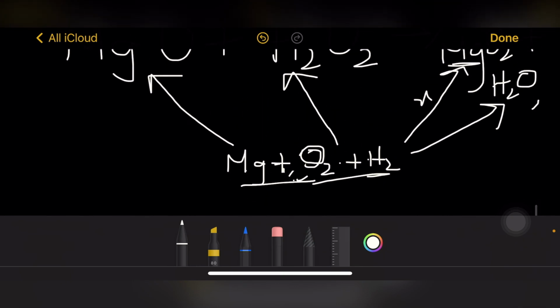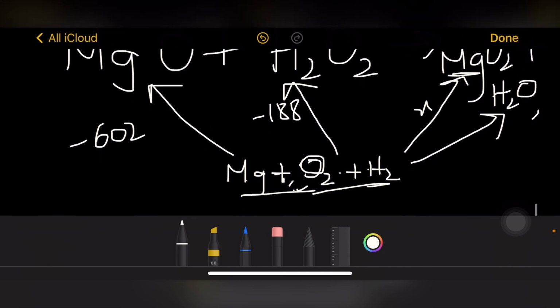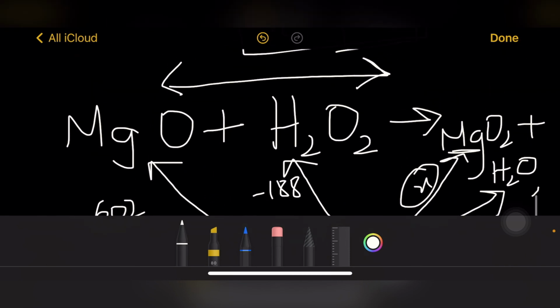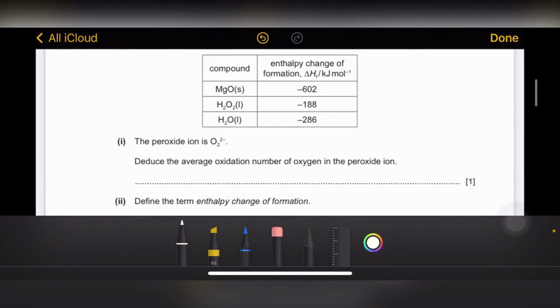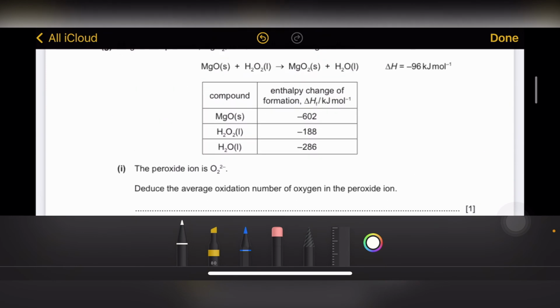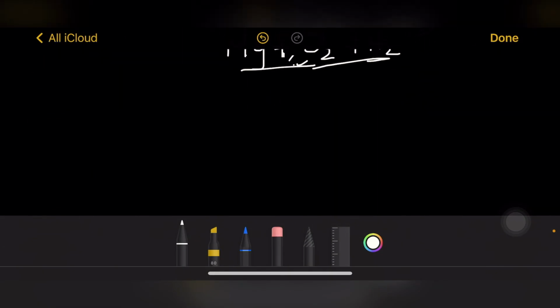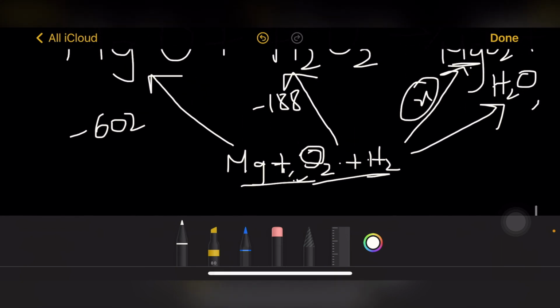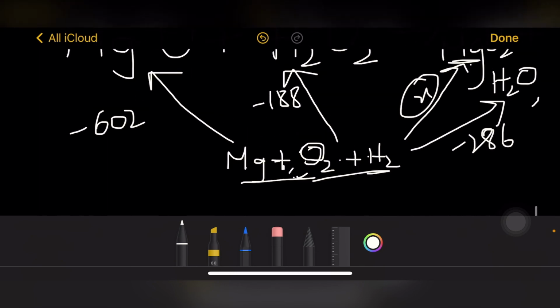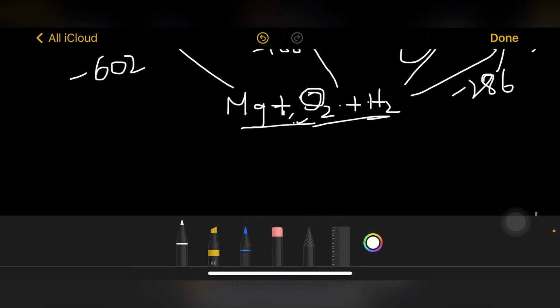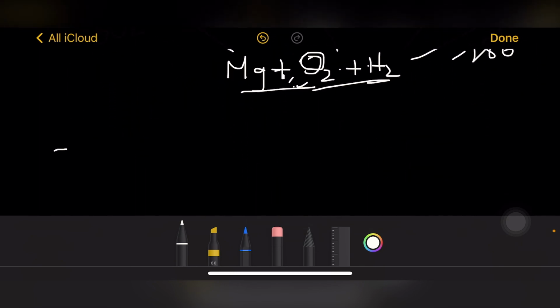For this reaction, the enthalpy change is minus 96, and let me check, water is minus 286. Now all are in 1:1 ratio, so it won't be multiplied.